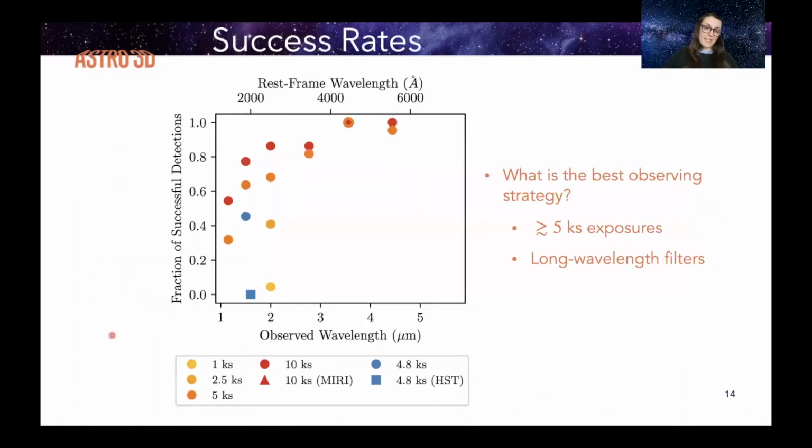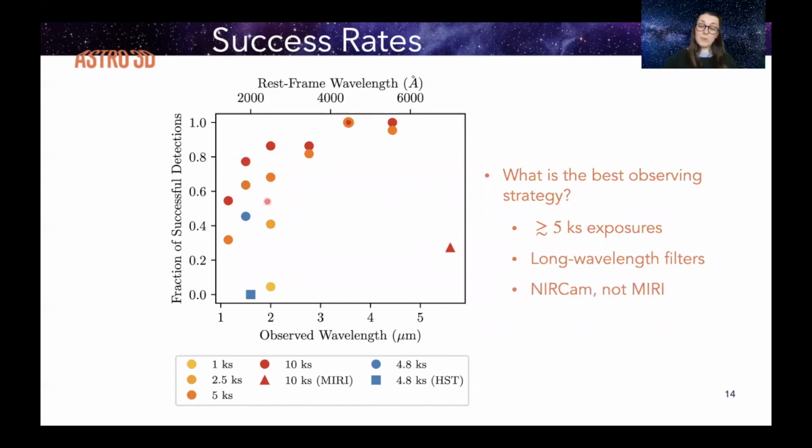What we find is the success rates here, red for 10,000 seconds and orange for 5,000 second exposures. And actually the longer wavelength filters have larger success rates. However, the shorter wavelength filters aren't particularly bad. It just may mean that we need to supplement the shorter wavelength exposures with more exposure time.